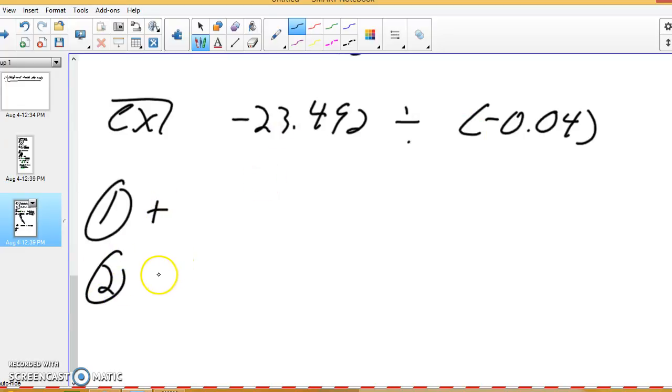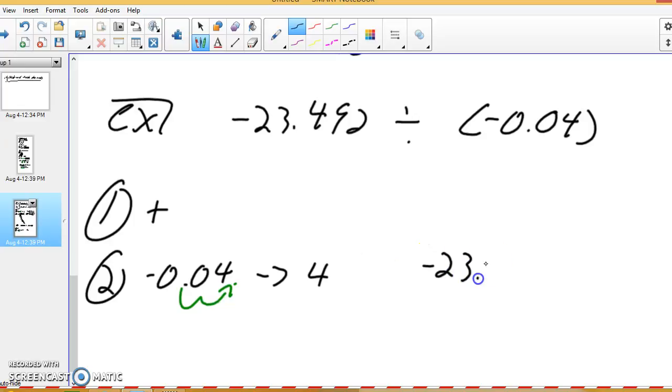Step 2, take our divisor, turn it into a whole number. I'm going to move it over 2 spots. Well, then we have to take the dividend and move it over that same amount of spots. Got to move it over 2. So this turns into 2349.2.